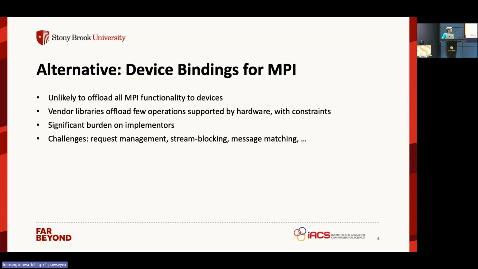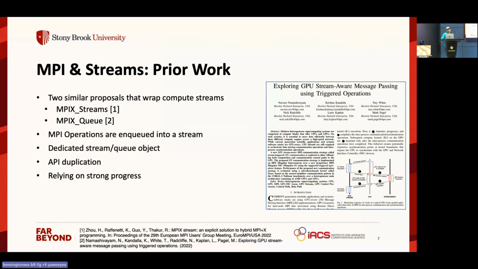Doing that on the device is hard. So I don't think that this is the way to go for MPI. And of course, I'm not telling you anything new here. These are two pieces of work that came out two years ago, I think both of them actually.